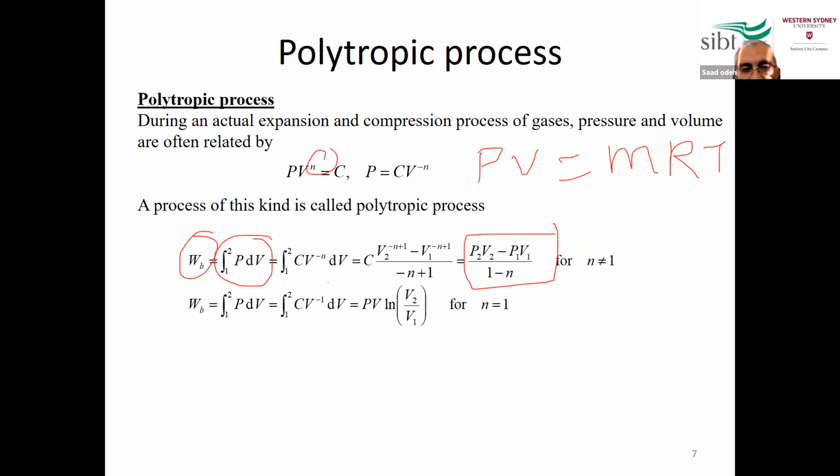You don't have to memorize it, but it's good to know how to use it, because otherwise, when it comes to application, it's very hard to find out which equation to use, this one or the one before for, let's say, an isothermal process. So please make sure that if it's a polytropic process, use this equation. Otherwise, use the other equations for, let's say, an isothermal process or constant pressure process.